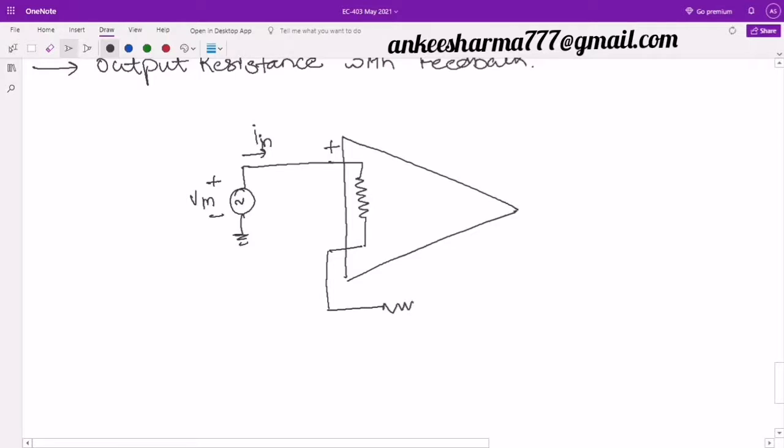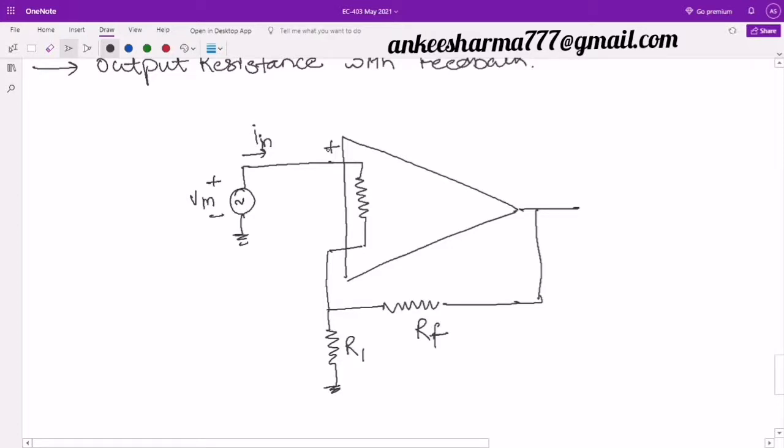A feedback resistor will be there, which is going to connect again my output to my input. I will name it as RF, and we have a series resistance over here. I will name it as R1. This is RF, this is R1.